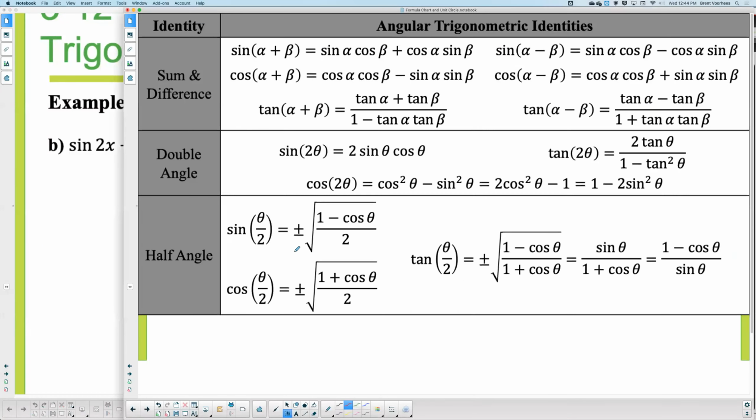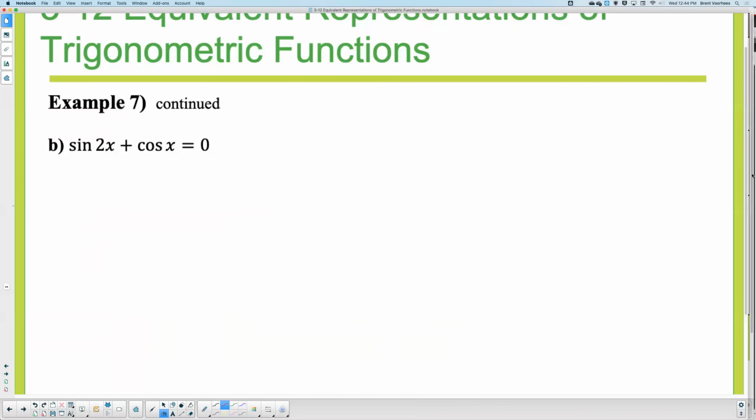Double angle sine 2 theta is equal to 2 sine x cos x. That's that part right there. The rest stays the same. Plus cosine x equals 0. That was a double angle identity I just threw out right there.